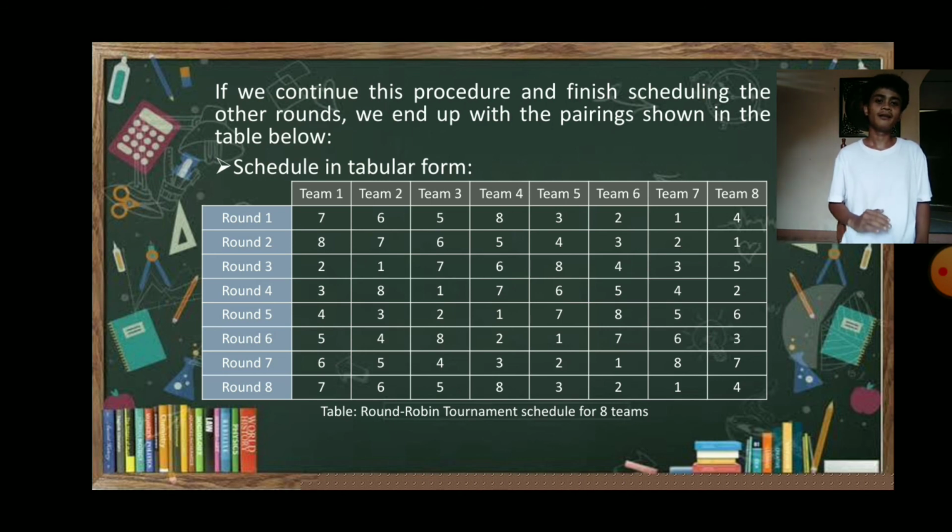Team 2 paired with Team 6. Team 3 paired with Team 5. Team 4 paired with Team 8. Team 5 paired with Team 3. Team 6 paired with Team 2. Team 7 paired with Team 1. Team 8 paired with Team 4.